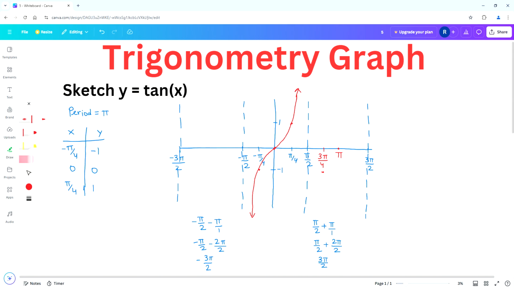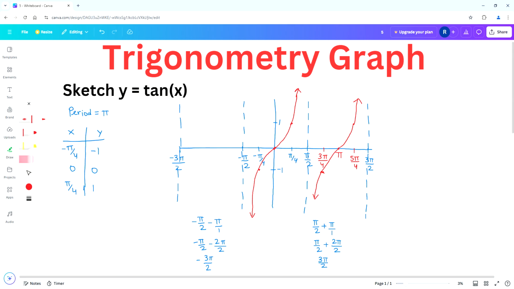At 5 pi over 4, the y value is positive 1. Now we can join these points in the form of a curve. This can be the curve between the vertical asymptotes at pi over 2 and 3 pi over 2.